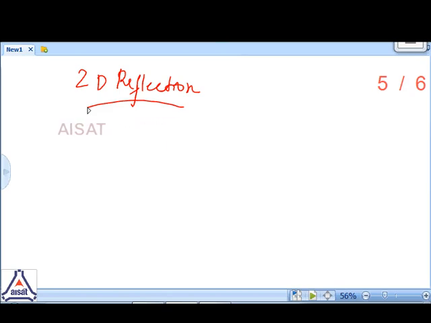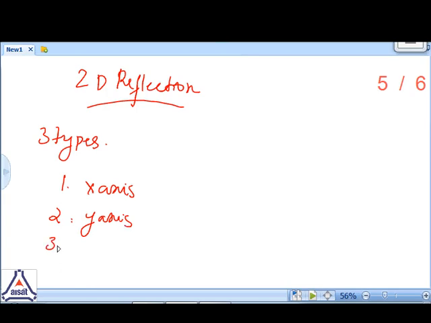And 2D reflection is of three types. One is reflection about x-axis, reflection about y-axis, reflection about origin, or both x, y axis.